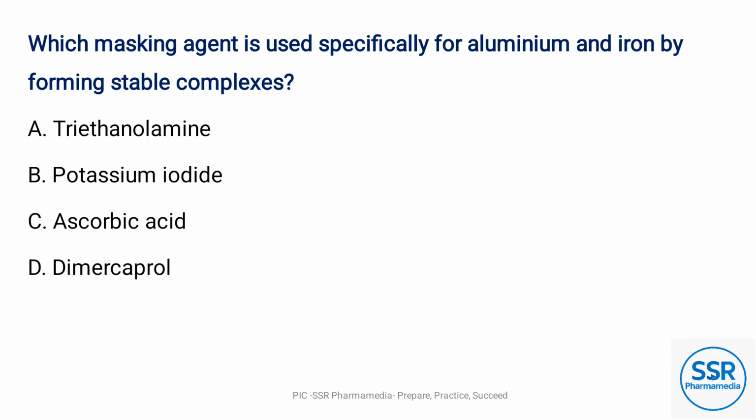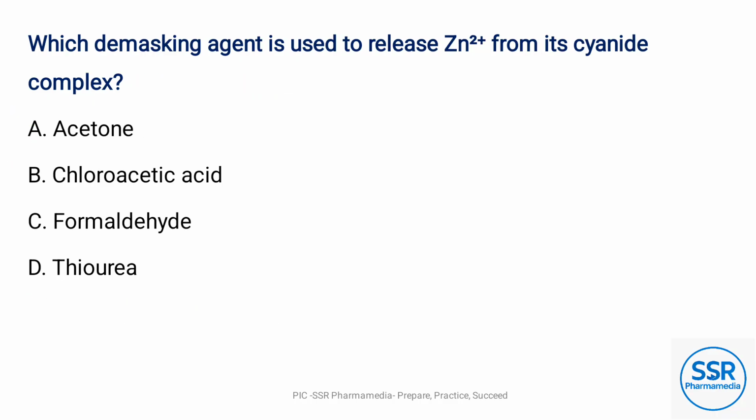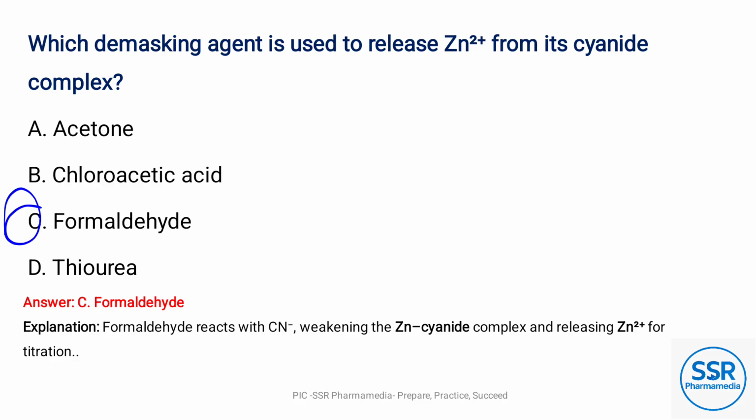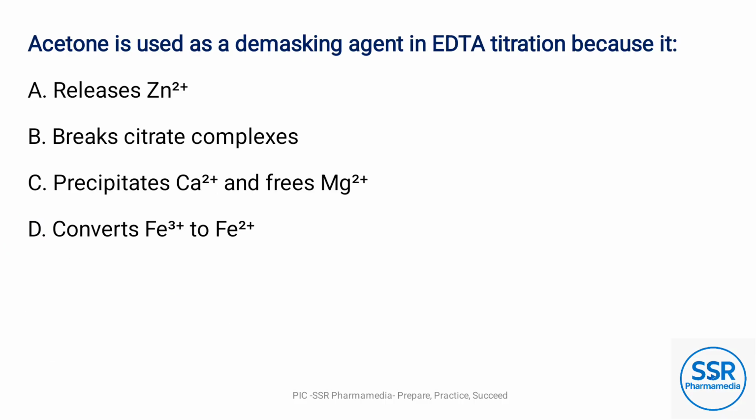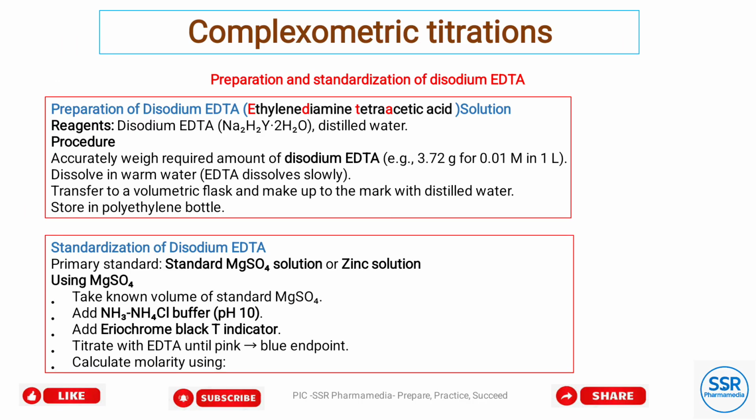Which masking agent is used specifically for aluminum and iron by forming stable complexes? So option A, triethanolamine. Which agent is used to release zinc from its cyanide complex? So option C, formaldehyde. Acetone is used as a demasking agent in EDTA titration because it, so option C, precipitates calcium and frees magnesium ions.